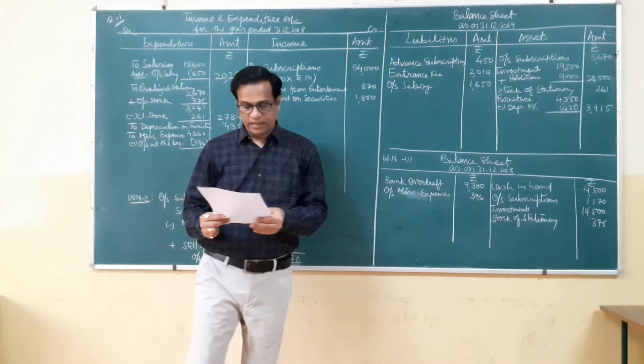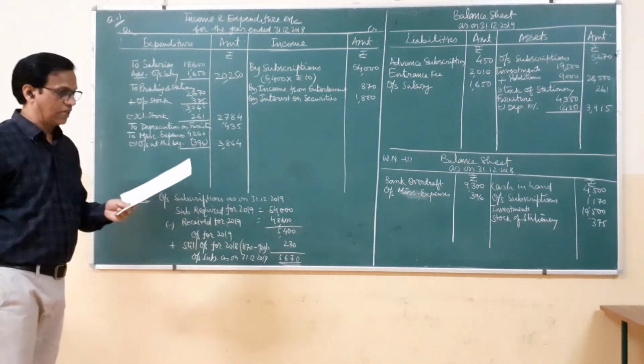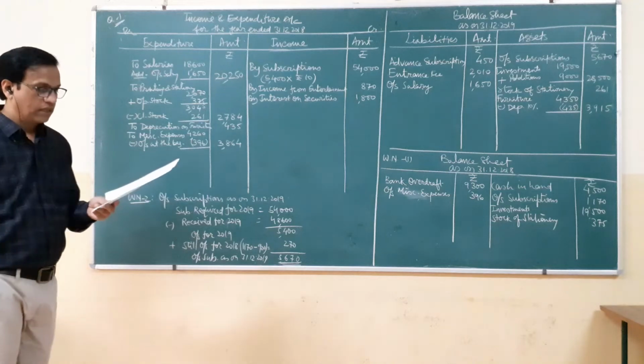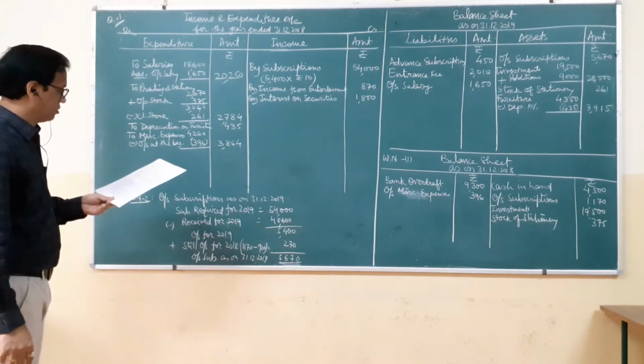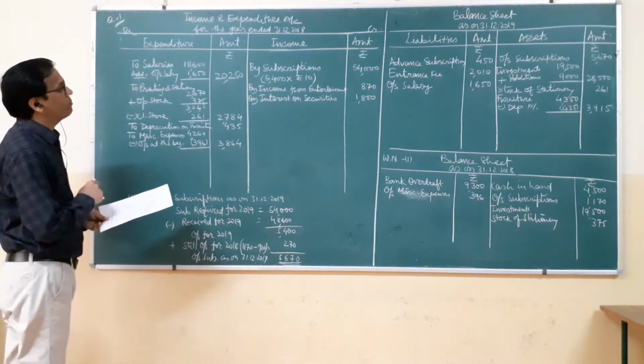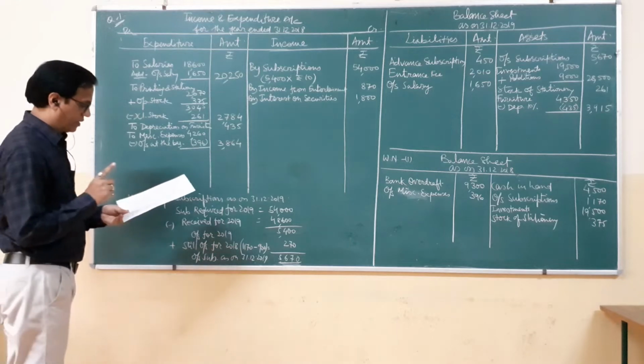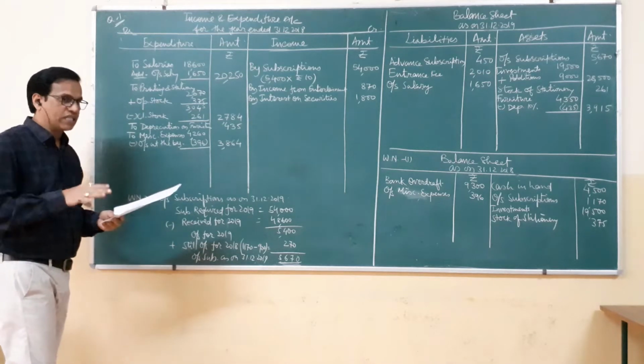Okay, then the next, 6th point. The club paid 1,000 rupees in the year 2018 towards telephone charges. This we have not done. Of which 375 relates to 2019. It was paid last year for the current year.